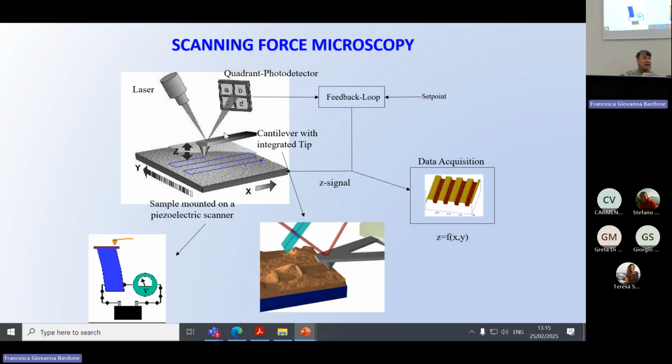A cantilever is a very, very small lever, 200 micron long, 5 micron thick, and 10 micron wide. Your probe is fixed to this lever, facing downwards. See here? So you have a lever, your sensor, your probe, and your surface here. And then you can rise up or lower down your probe with respect to the surface.